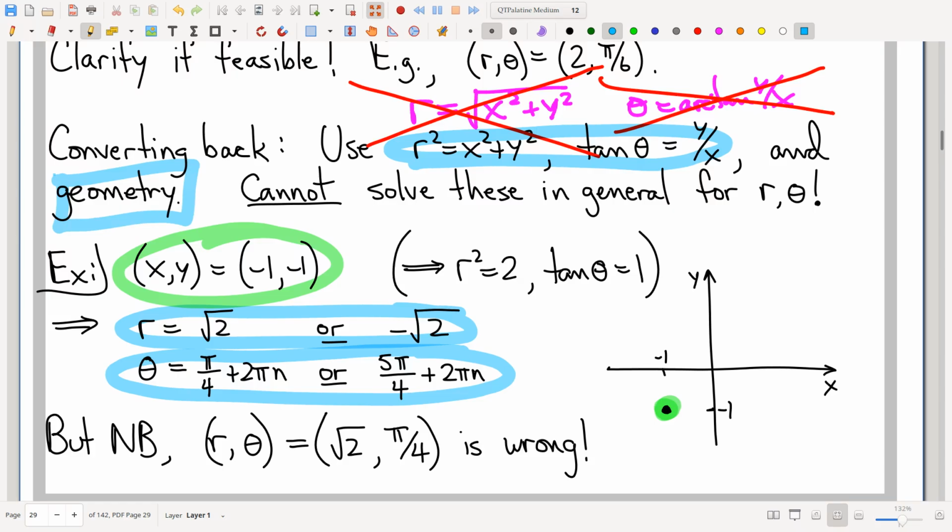Look at the point you're thinking about and pair them up appropriately. In fact, in this case, if you pick the positive square root of 2, you've got to choose that value of theta. Or if you choose the negative square root of 2, you've got to choose that value of theta. So do not make the mistake of thinking you can just write down formulas and plug and chug. It doesn't work. Exhibit A. Everybody good? Okay.